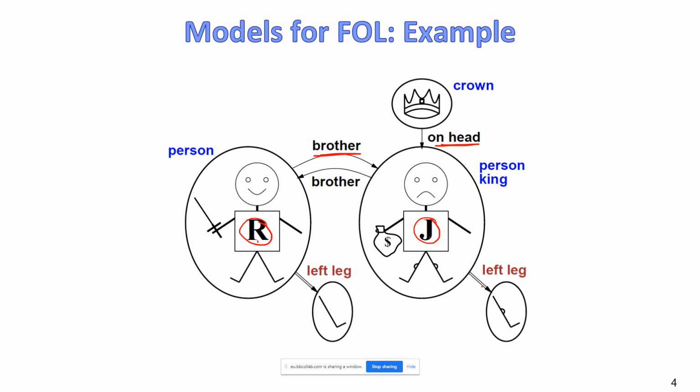So has a left leg is a relation, and do you think it's a relation or function? If we say that has left leg, it looks like a relation, but we can see it as a function also, right? Yes, because it refers to the left leg of that person.